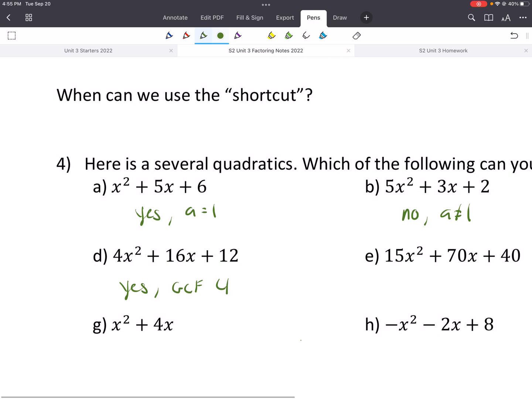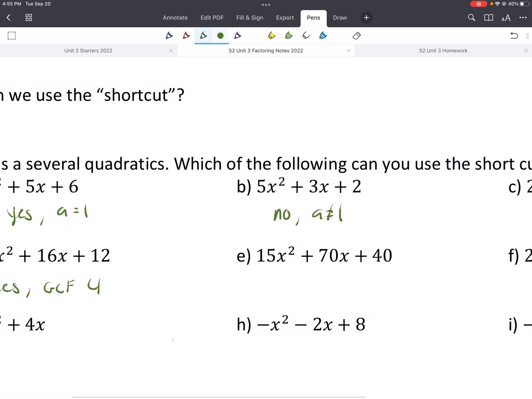Okay. E, so this one's a little tricky because the greatest common factor here is 5. So we can't factor out a 15. Greatest common factor is not 15. So we can't use the shortcut.